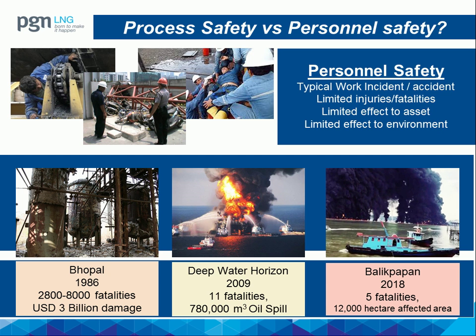People sometimes confuse process safety and personal safety. So what is the difference? Personal safety is basically typical personnel safety. In this case, it is a typical work incident or accident where the consequence would be limited injuries or fatalities to one or two persons, and then the effect on the asset would be limited as well, and limited effect on the environment.